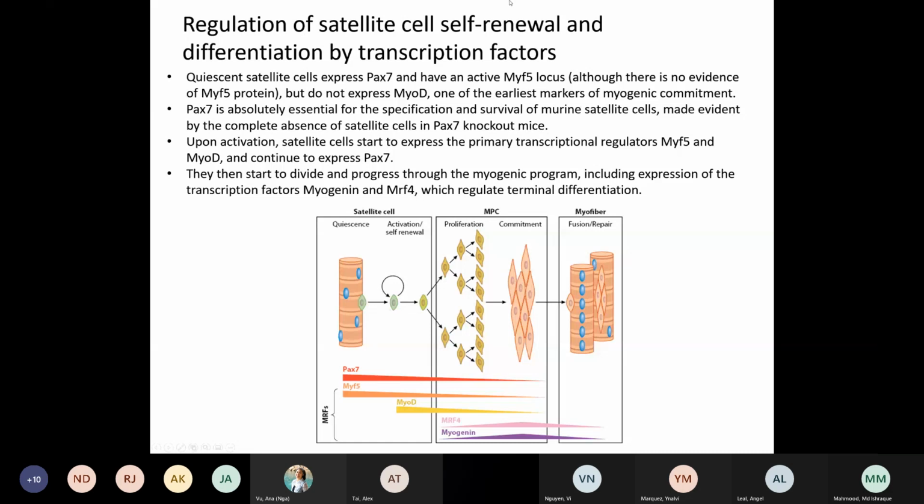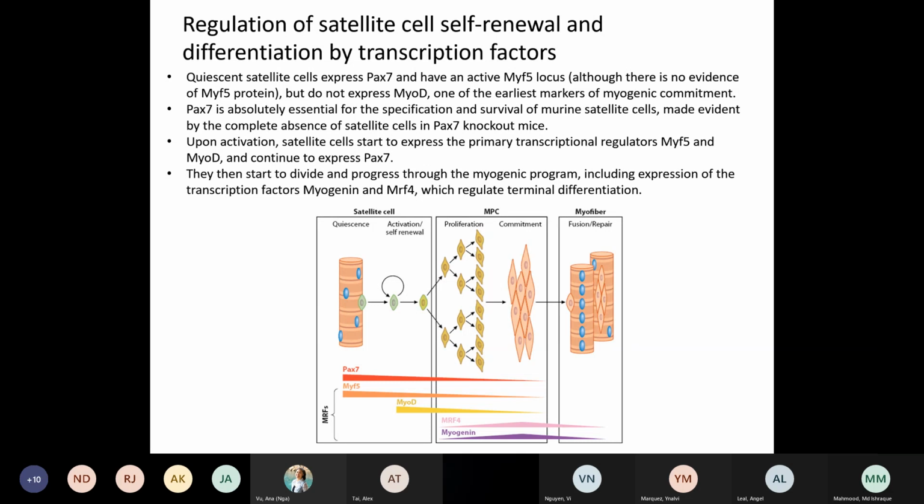Okay, so here I just want to explain to you the presence of those markers during differentiation of satellite cells. Satellite cells will have expression of PAX7, which is a transcription factor. But also, the quiescent satellite cells have an active MEF5 locus. Pay attention to this description.